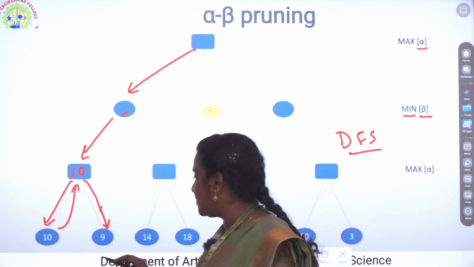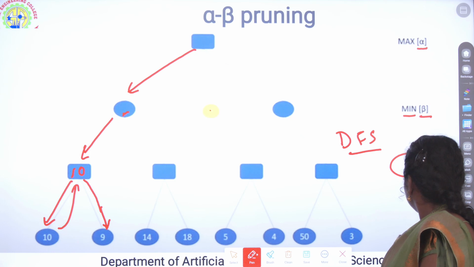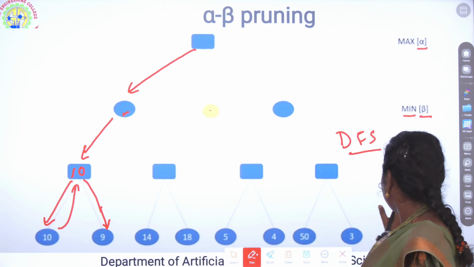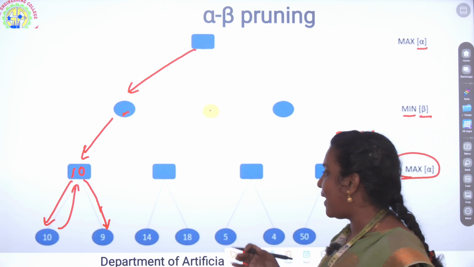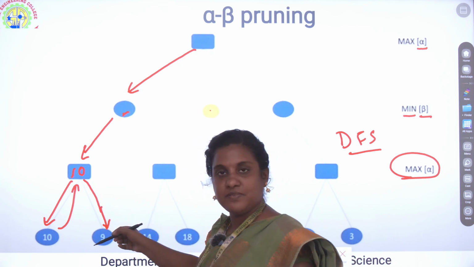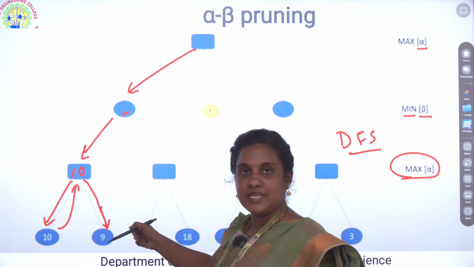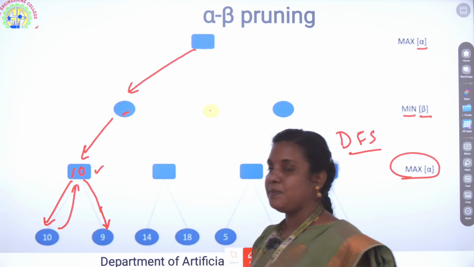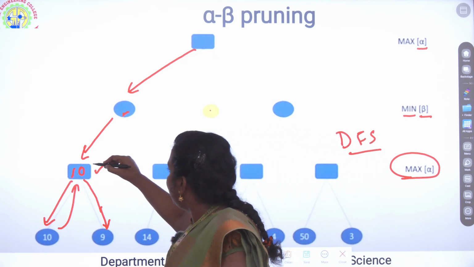Here the value is 9. At level 2 it is the max player's turn, so it takes the maximum value. Comparing 10 and 9, 10 is the maximum value. This value will be backed up to its parent node.